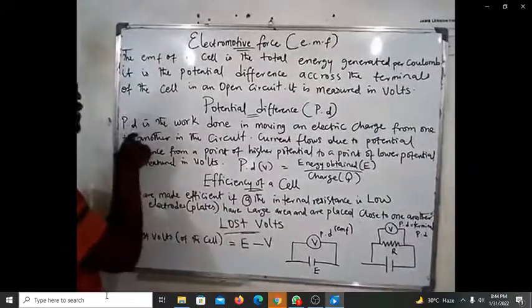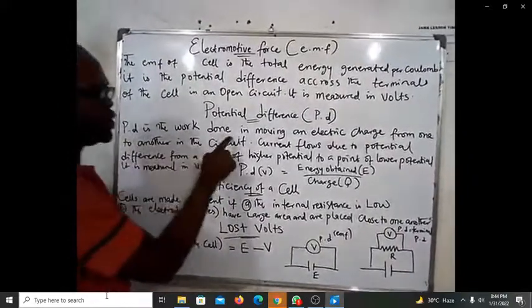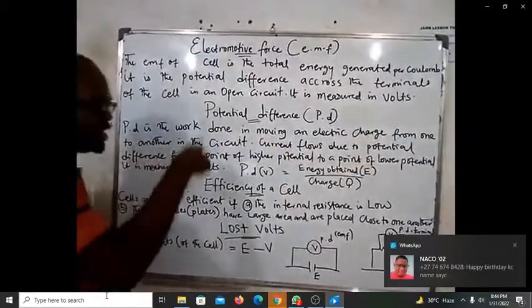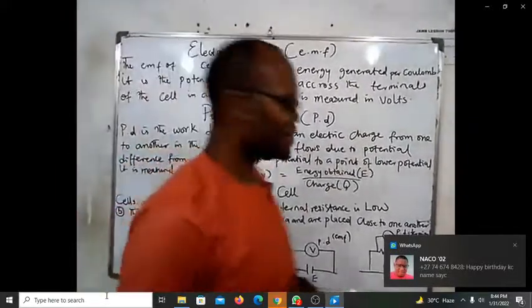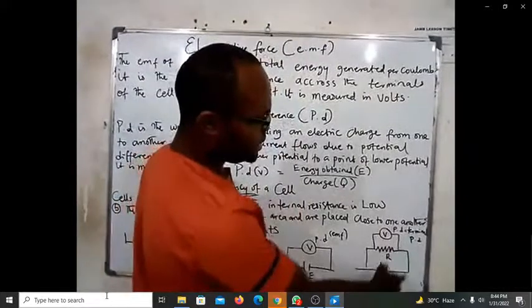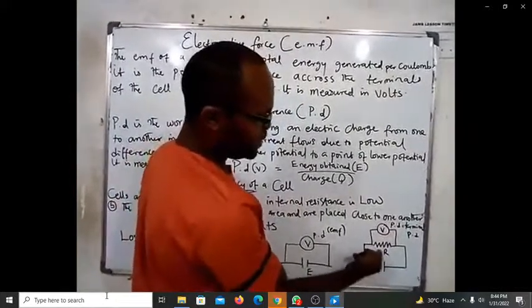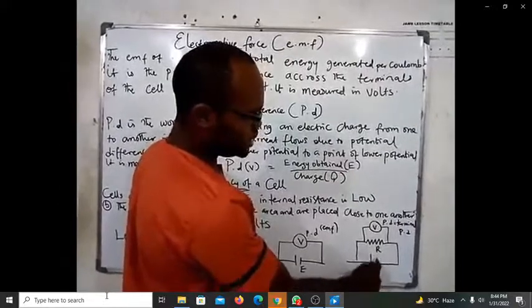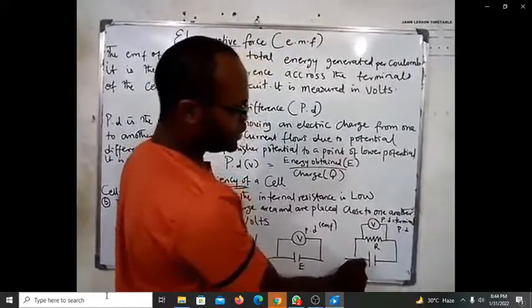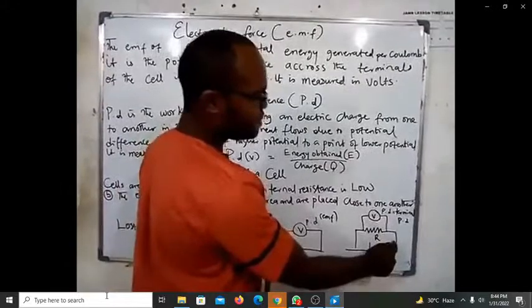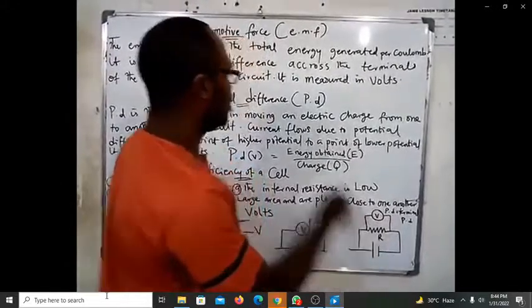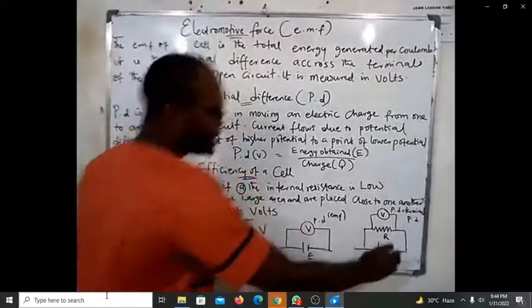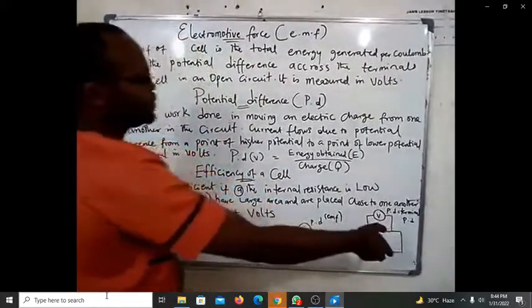So potential difference, PD, is the work done in moving an electric charge from one point to another in a circuit. So for a circuit like this that has a resistor, for charges to move from one terminal of the cell to the other, there has to be what we call potential difference, which is the force that enables the charges to move.